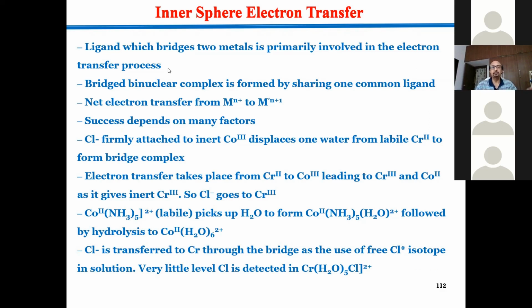That means the electron transfer is happening between the two metal units, one oxidant, one reductant. The oxidant is getting reduced and your reductant is getting oxidized. That means the reductant is transferring the electron to the oxidant. That's it. But how will it happen? In this case, it is happening through the bridge. Okay. How is it happening?